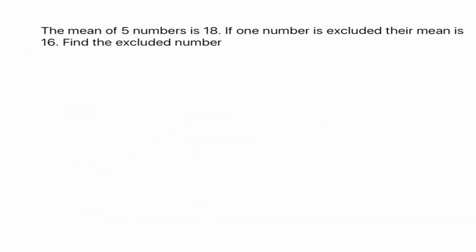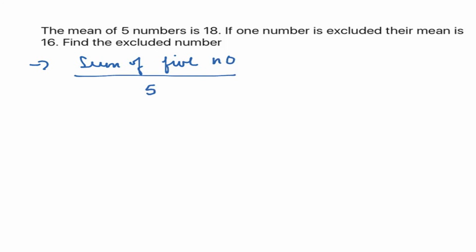Next question: given the mean of 5 numbers is 18. If we exclude one number from them, then the mean is 16. Now we have to find out the excluded number. So the sum of 5 numbers divided by 5, as we have 5 numbers and the mean is given as 18.